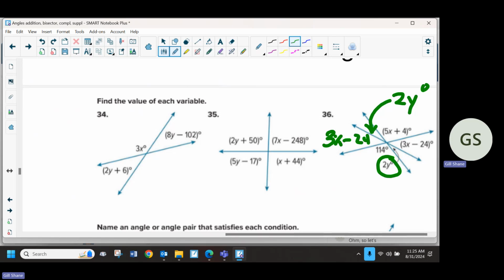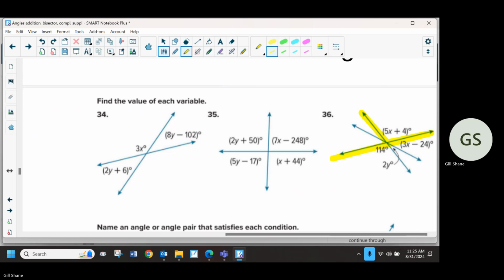So let's trace. I'm going to get rid of that. You can rewind if you need to. So here's the other last tricky piece of the concept. This 5x plus 4 is only right there. But if I trace those lines and continue through, you'll see I have an x. So the measure of the one angle we just said is 5x plus 4.